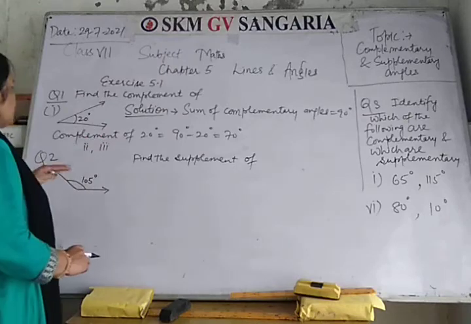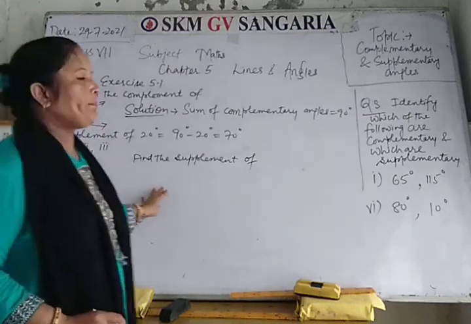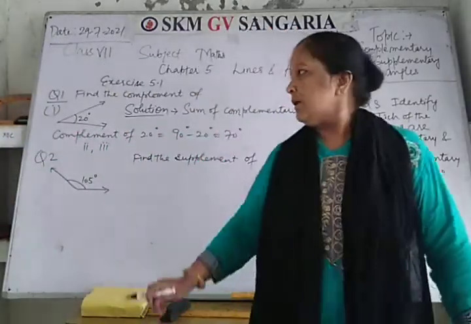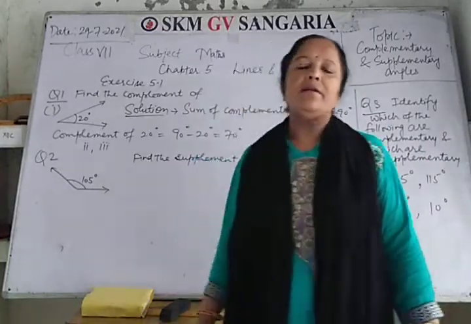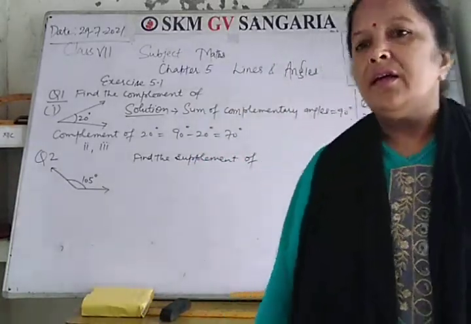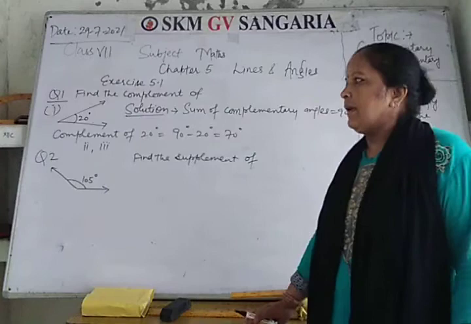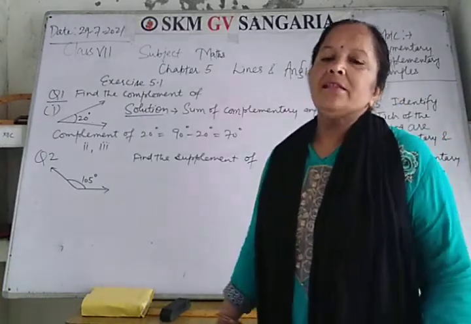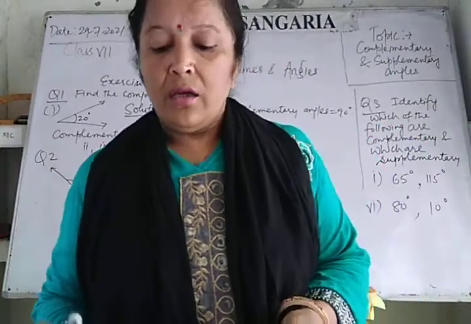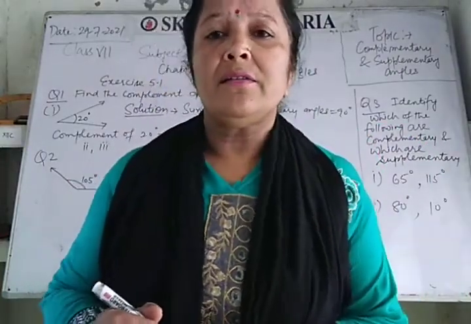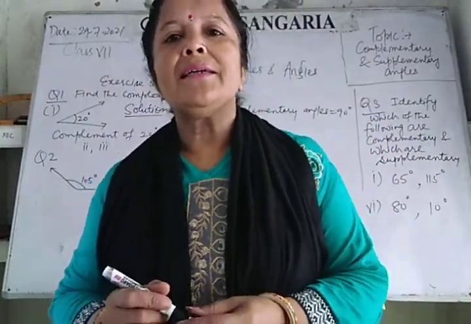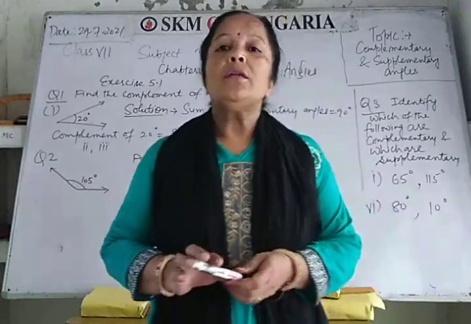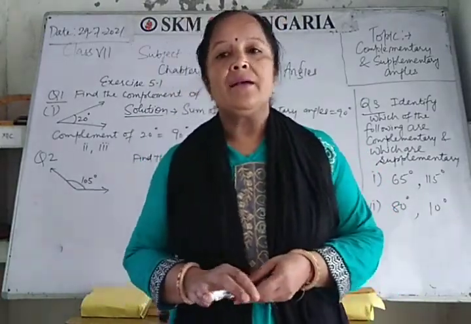Then question number 2 is: find the supplement of the given angle, that is 105 degree. So the supplement of 105 degree, as I have taught you, when the sum of two angles is 180 degree, the angles are called supplementary angles.